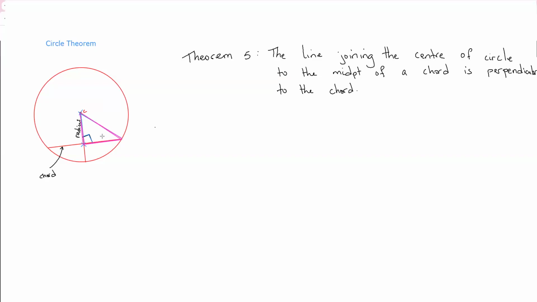So if we have this, let's say we were asked to find a missing side or a missing angle or what have you, we can apply the rules of Pythagoras' theorem, or in terms of the angles, you can apply the rules of trigonometry as it's a right angle triangle, right?